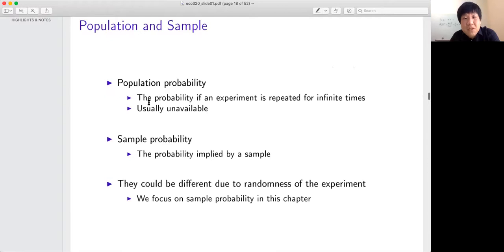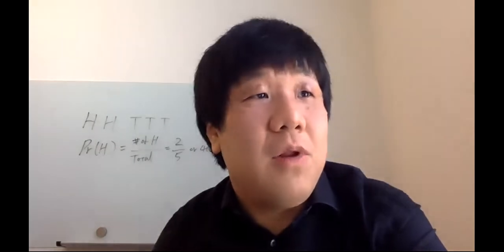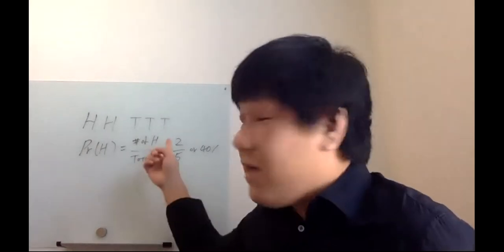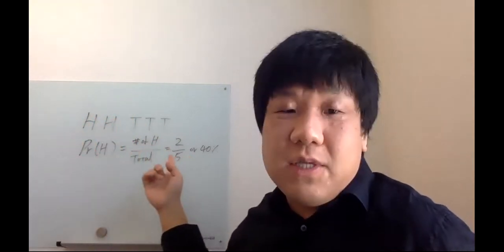Population probability is the true probability, when something happens an infinite number of times. In the example I gave, everyone knows that the probability of heads is 50% and the probability of tails is also 50%. But when I have only a finite sample, say I did 5 flips, I get 40%.